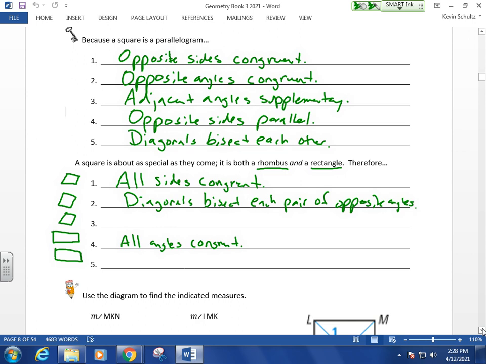And what's the other diagonal feature of a rhombus? It has to do with where the diagonals intersect. Evan? The diagonals are perpendicular. Diagonals are perpendicular.